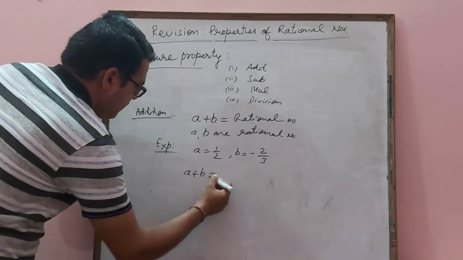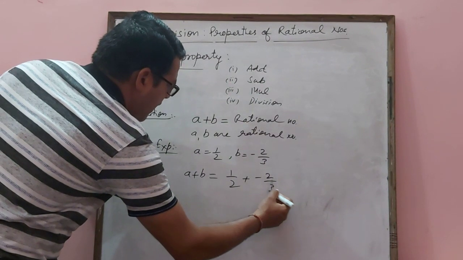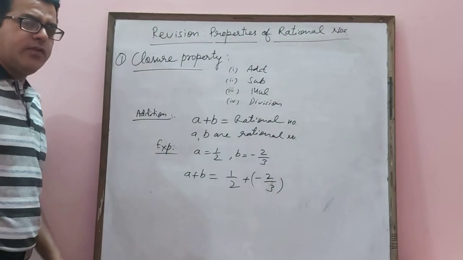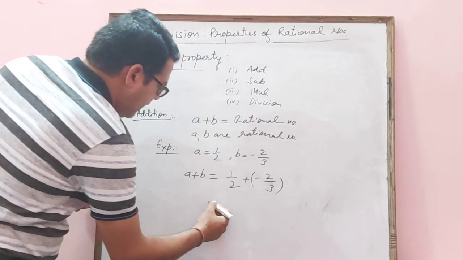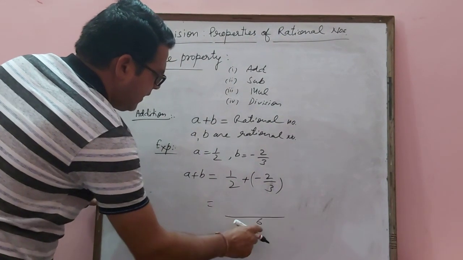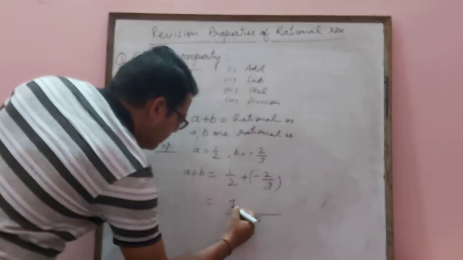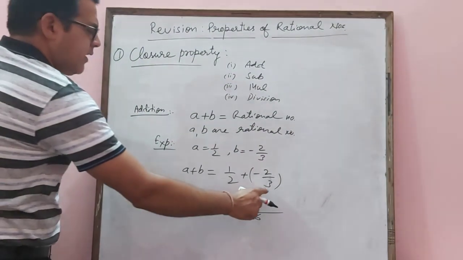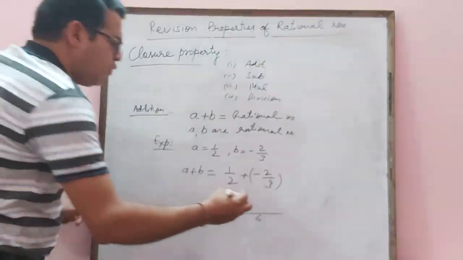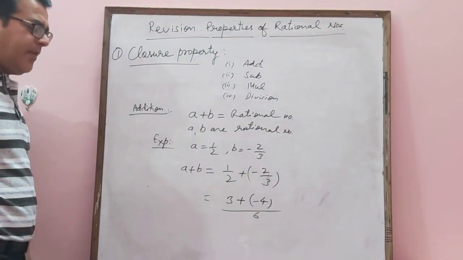See here. 1 by 2 and we are adding minus 2 by 3 to it. How can we add? After taking the LCM. LCM of 2 and 3 is 6. Now 2 3s are 6 and 3 1s are 3, we can write here. Then 3 2s are 6 and 2 2s are 4, we can write here with minus.